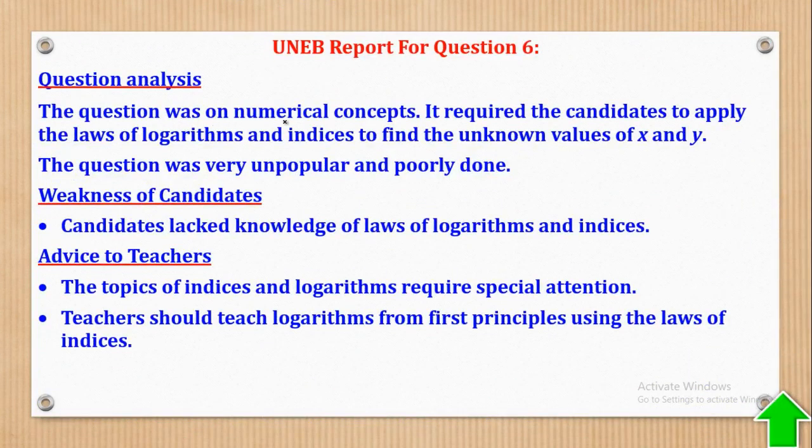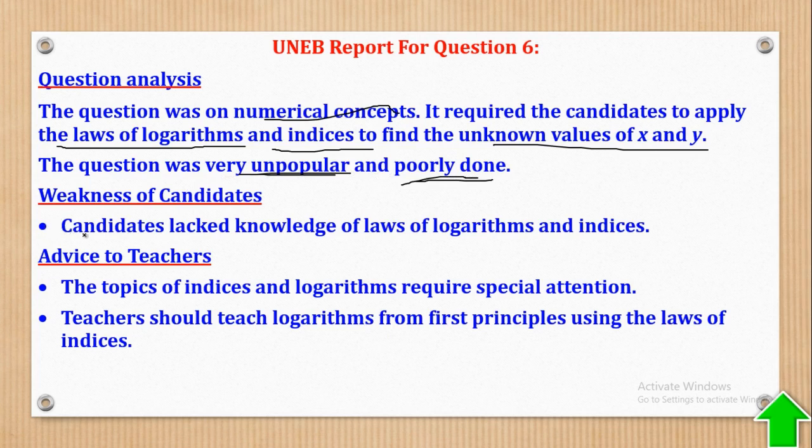So the question was on numerical concepts, and it required candidates to apply the laws of logarithms and indices to find the unknown values of x and y. The question was very unpopular and poorly done. Unpopular means that it rarely appears in the previous past papers, and poorly done means that most candidates who attempted it got it wrong.